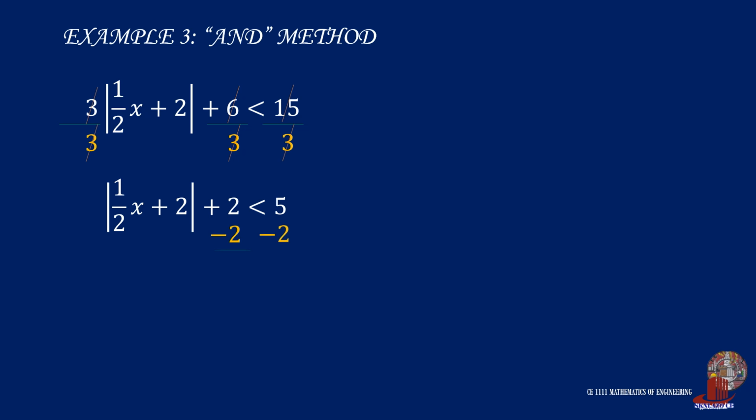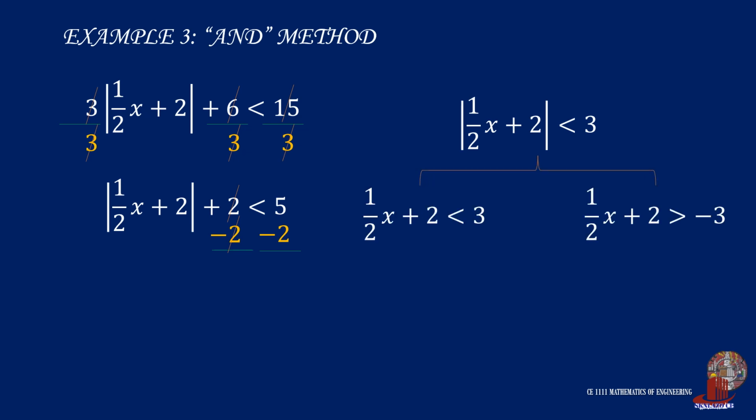Take out 2 from the left side of the inequality. Then we get the absolute value of 1/2 x plus 2 is less than 3. Having the simplest inequality, we can now divide it into opposites, taking the original, half of x plus 2 is less than 3, and the other is 1/2 of x plus 2 is greater than negative 3.